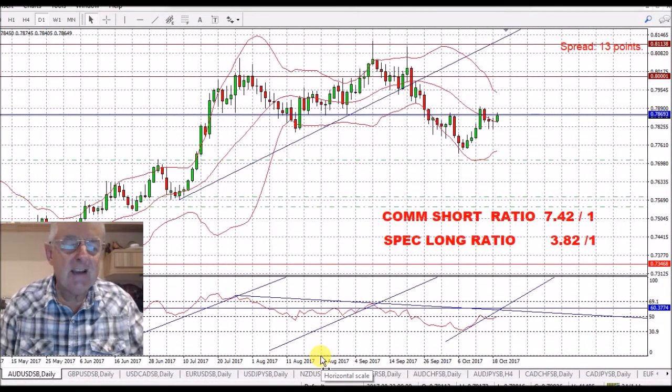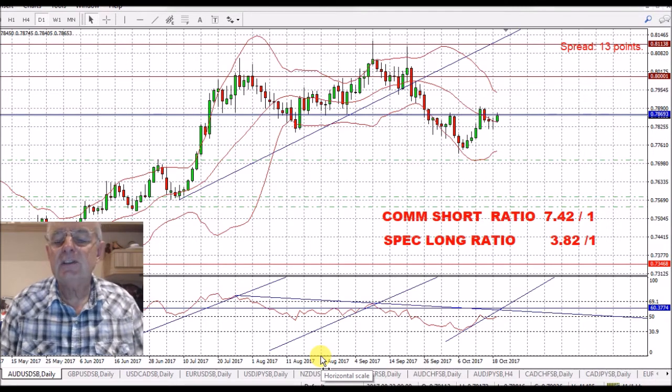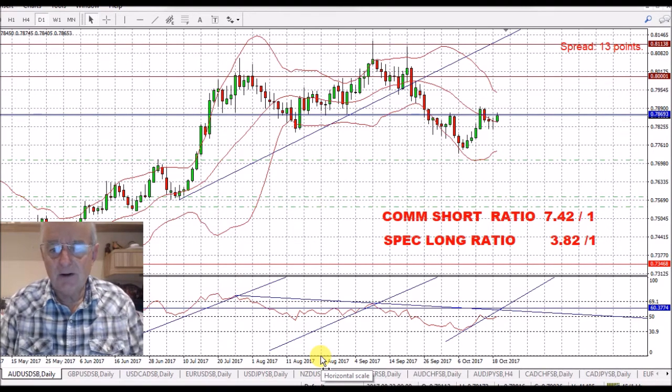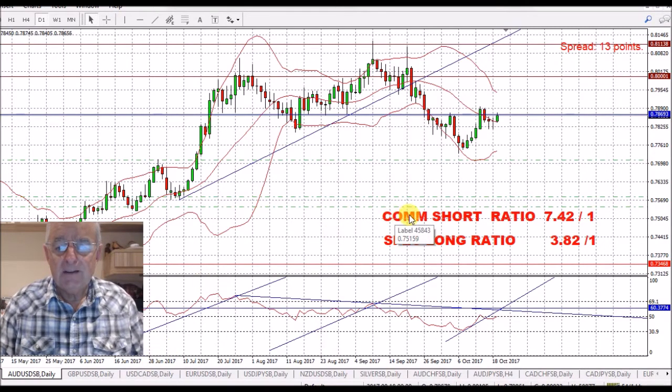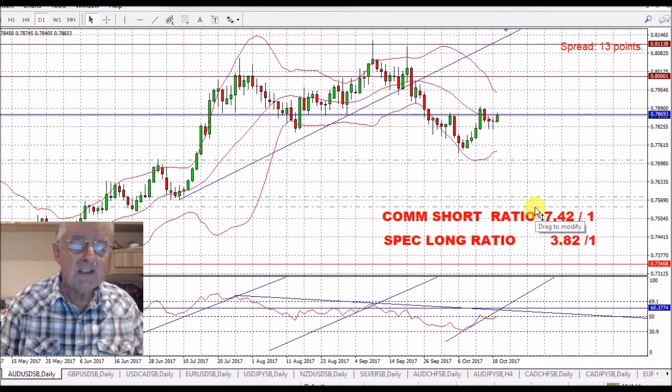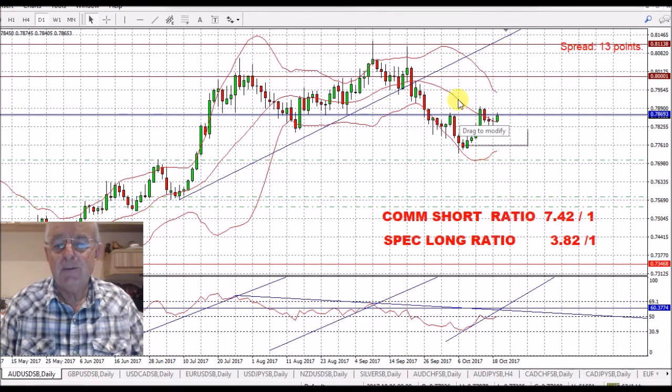Welcome. It's Thursday the 19th of October, and it's just after 10 o'clock, so I'm a bit late this morning. Australian dollar, US dollar. The commercial ratio is short at 7.42 to 1, which is very, very large. We've seen a little bit of a pullback in the Australian dollar.